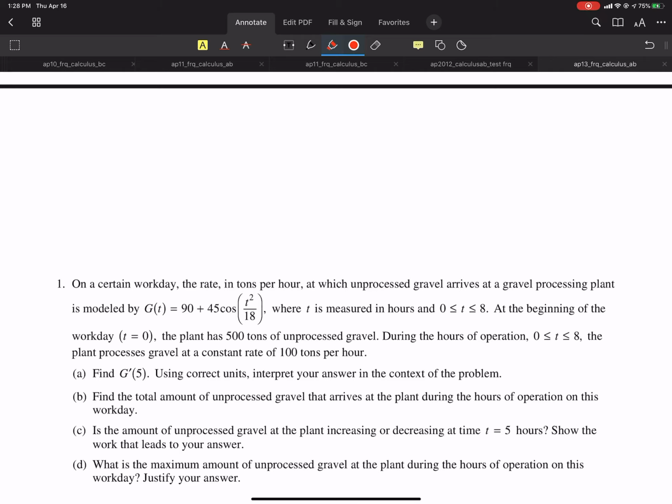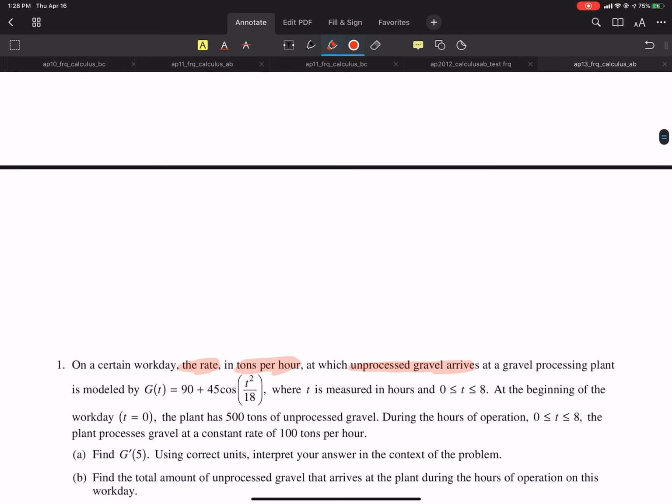So we have a rate, units, tons per hour, and we have unprocessed gravel arriving. And so we're going to draw a picture of what's happening, just so you understand. So you have gravel arriving at a plant.